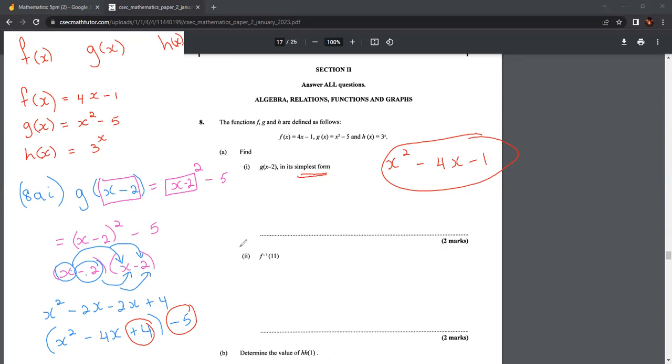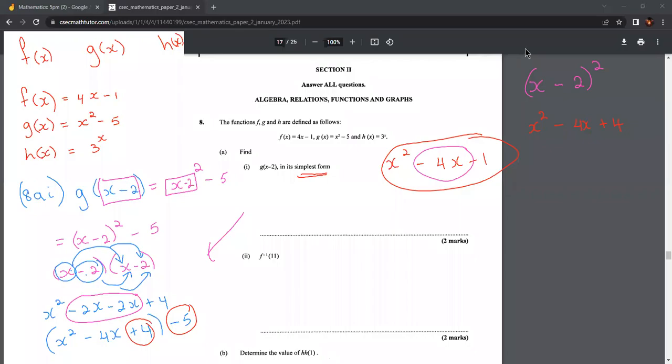All right, so tell me once I could continue by putting the letter F in the chat. All right, so in its simplified form, we know it's going to be x squared minus 4x minus 1. Let's look at the second one.